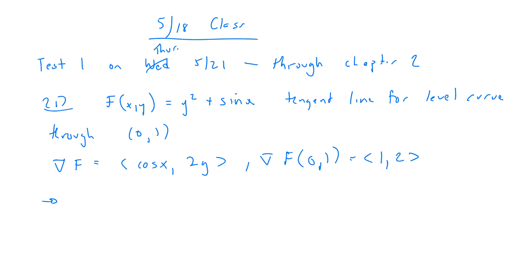Pretty much just like the tangent plane: 0 is equal to 1 times x minus 0 plus 2 times y minus 1.